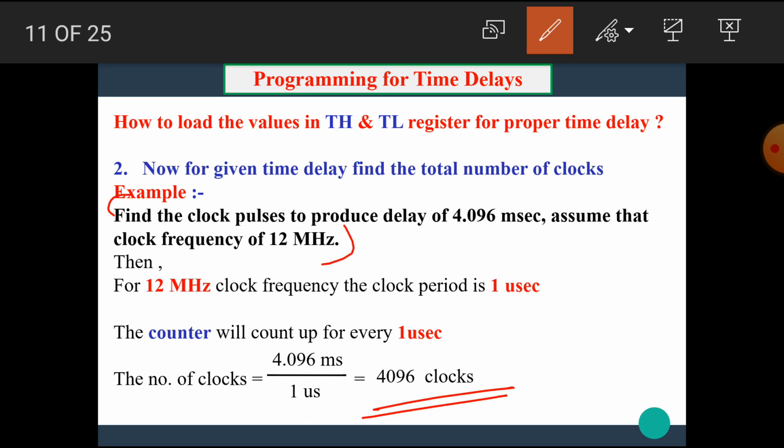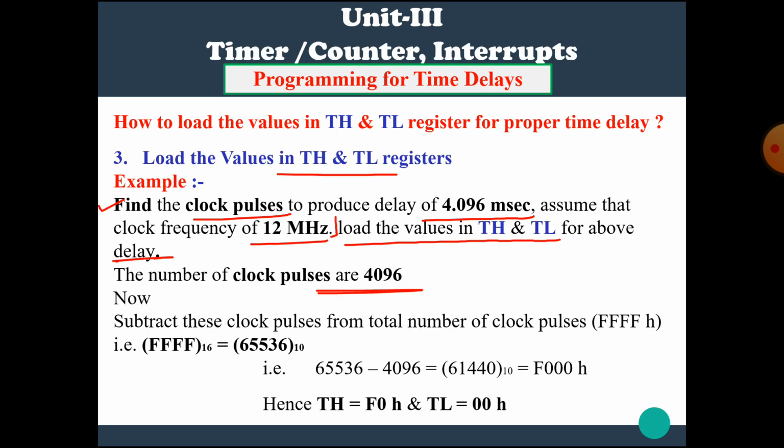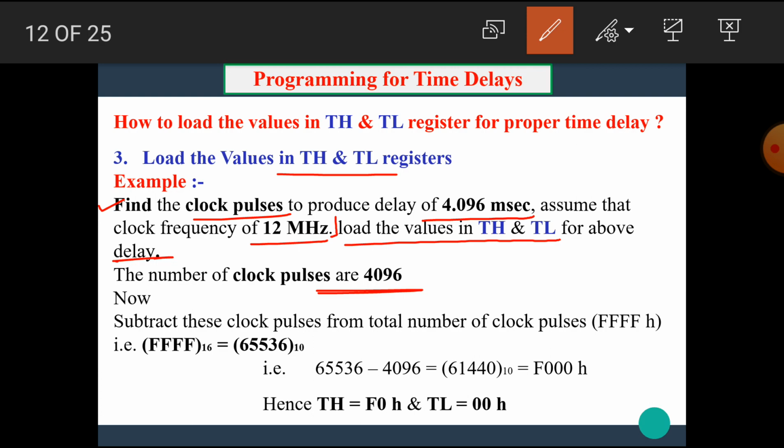This example is similar to the previous example. Okay. The clock pulses are 4096. Now subtract these clock pulses from the total number of clock pulses. We know that any timer has its maximum value FFFFH. That means in decimal the value is 65,536.